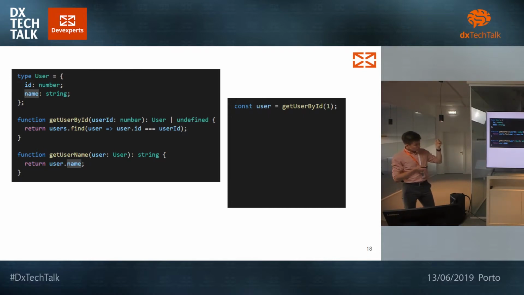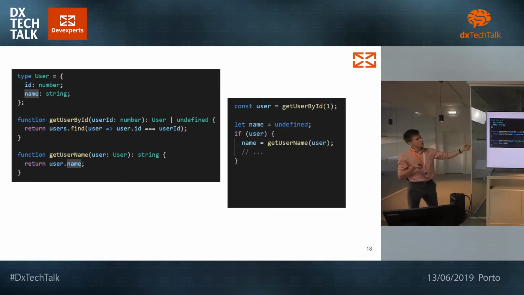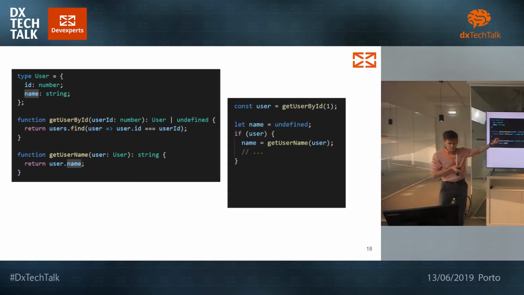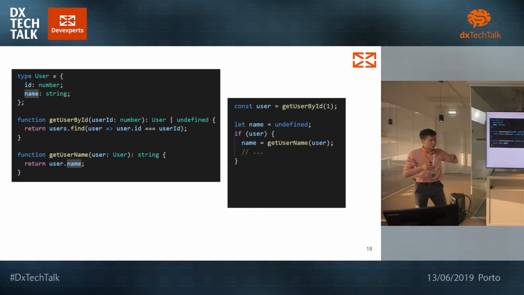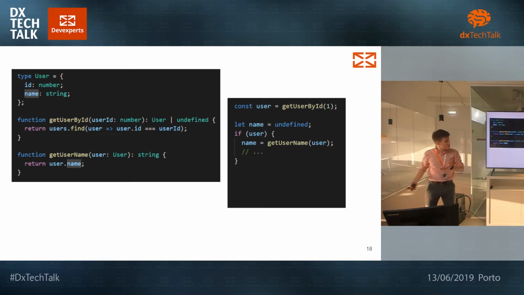And when we use it on the right side of the screen, we are getting a user from using our function, and then we have these ugly constructs. If we want to calculate some derived value, we should create a variable, assign it to undefined, and then if user exists, we can calculate this value, and so our derived value is now also undefined or something else.